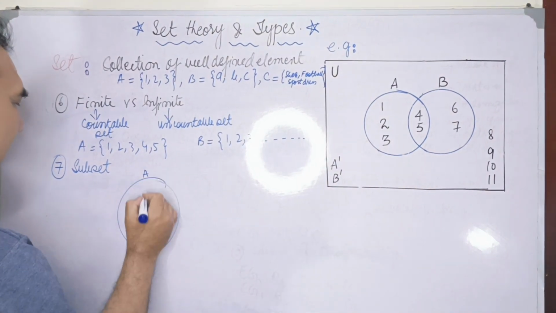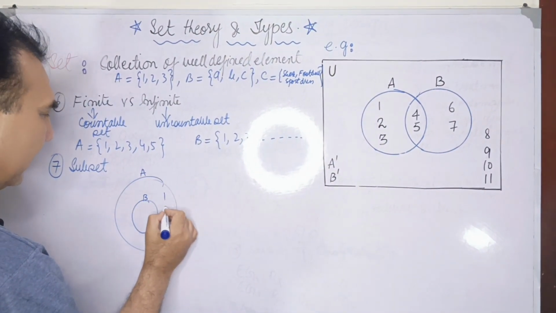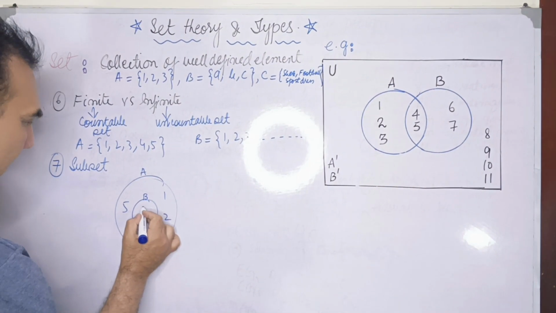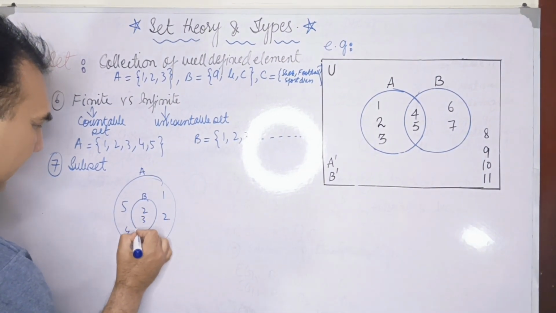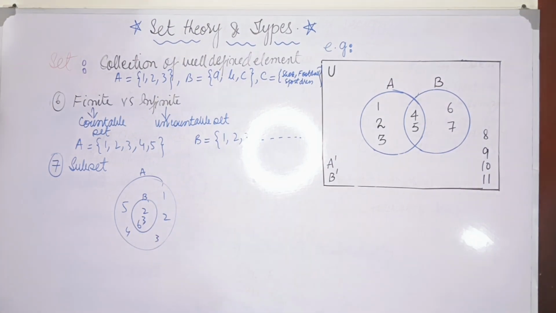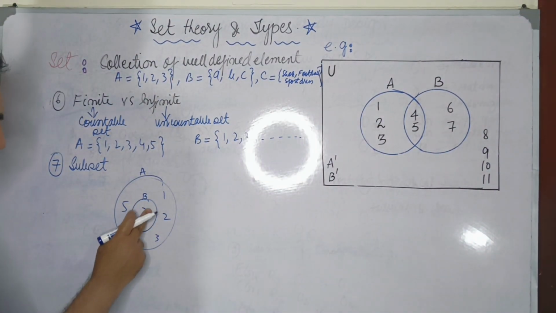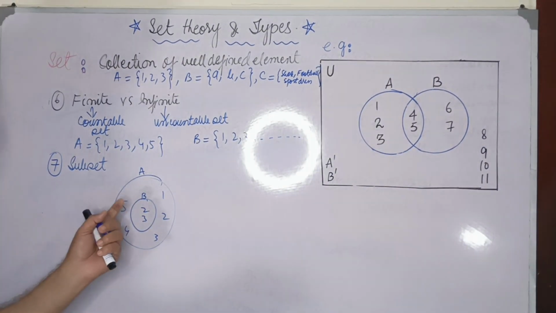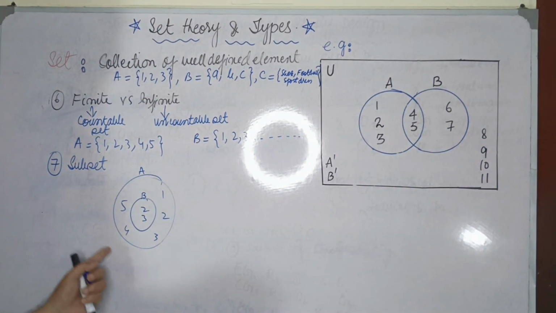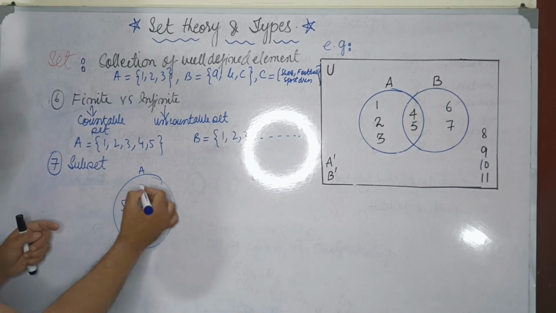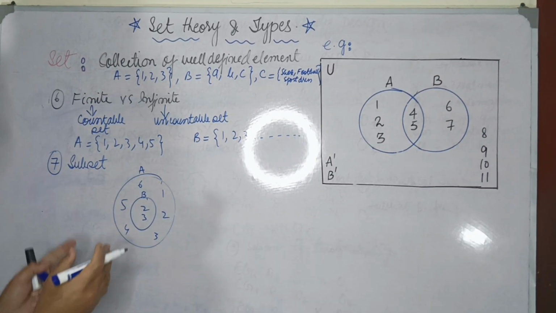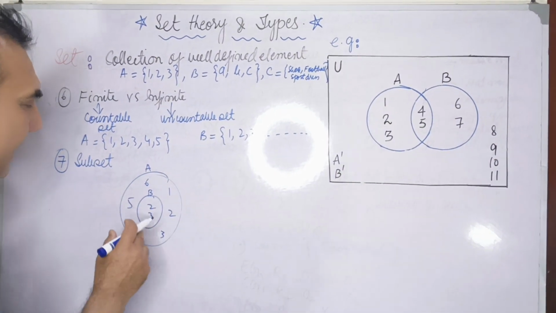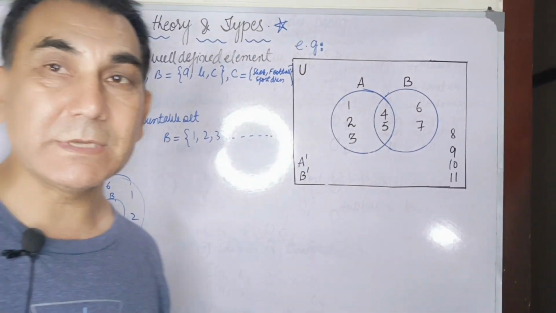This is set A and this is set B. In set A, 1, 2, 4 and 5, and in set B, 2, 3 and 6. Now here the A set is a larger set, in which 1, 2, 3, 4, 5, 6 are the elements present, and the B set is drawn from the larger set and it is 2 and 3. This is a subset.